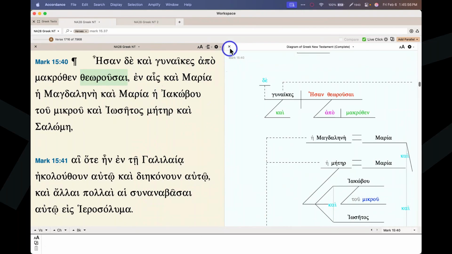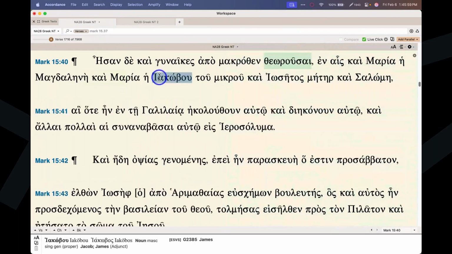Now, this is tricky to go left to right, but we get Mary, the of James the Lesser and Joseph's mother, and Salome. You just cannot go left to right. An interlinear will be useful for finding out the individual words, but not for translation.